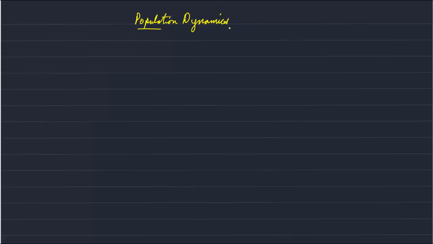This was also covered in the previous section. But you might imagine that if we have, say, n is the number of individuals in a population, they could be microbes in a microbial system.